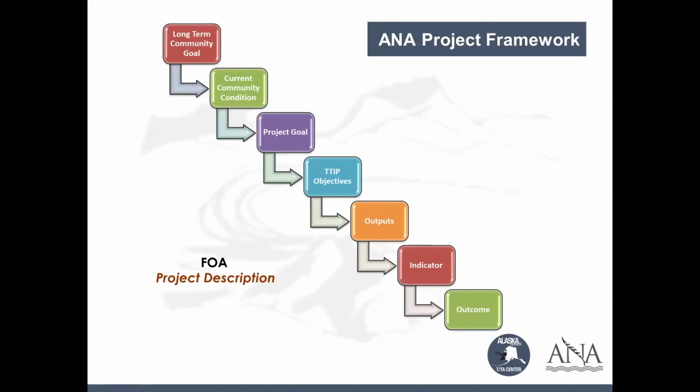The ANA project framework is linked together in such a way that it builds upon itself as you're developing your application. The long-term community goal is the place that everything hinges on. This is where you look at what is the best community we could have. If your community was perfect, what would it look like?